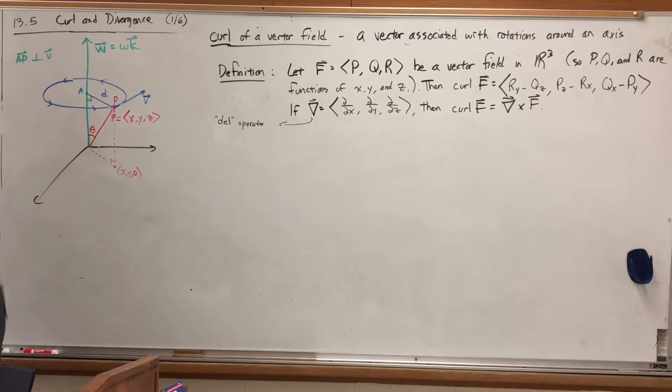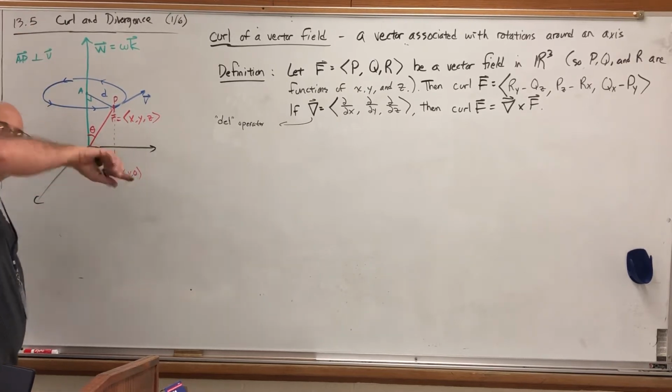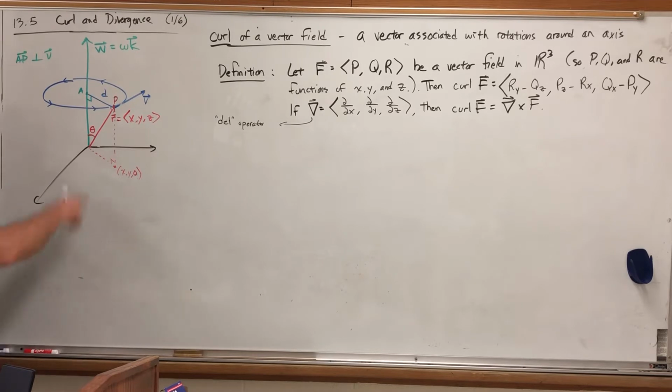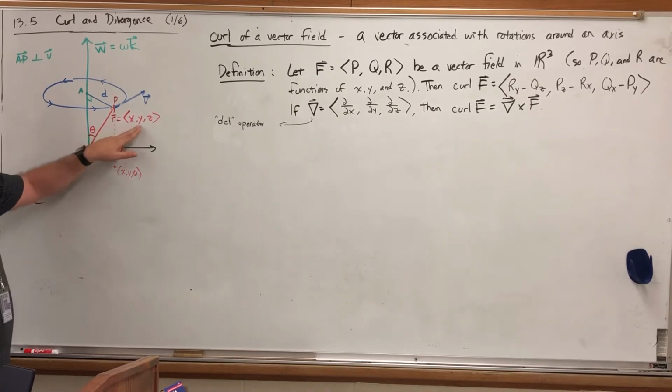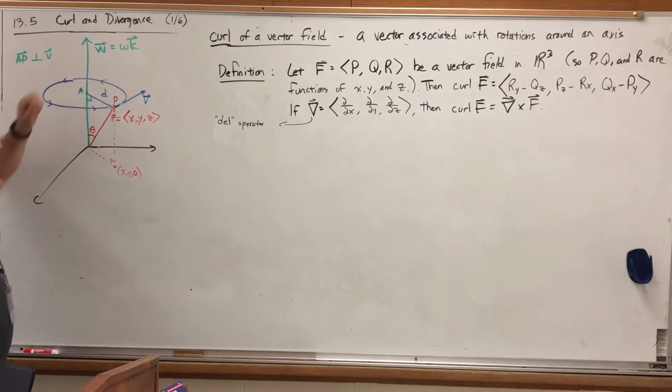But how are we going to show that this vector, W, going straight up through the middle of that rotational body, has anything to do with this vector V describing the point going around the circle? Well, the way we're going to do that is we're going to set up a position vector R, whose coordinates are simply x, y, and z. So those are the coordinates of the point P that's rotating around the circle.